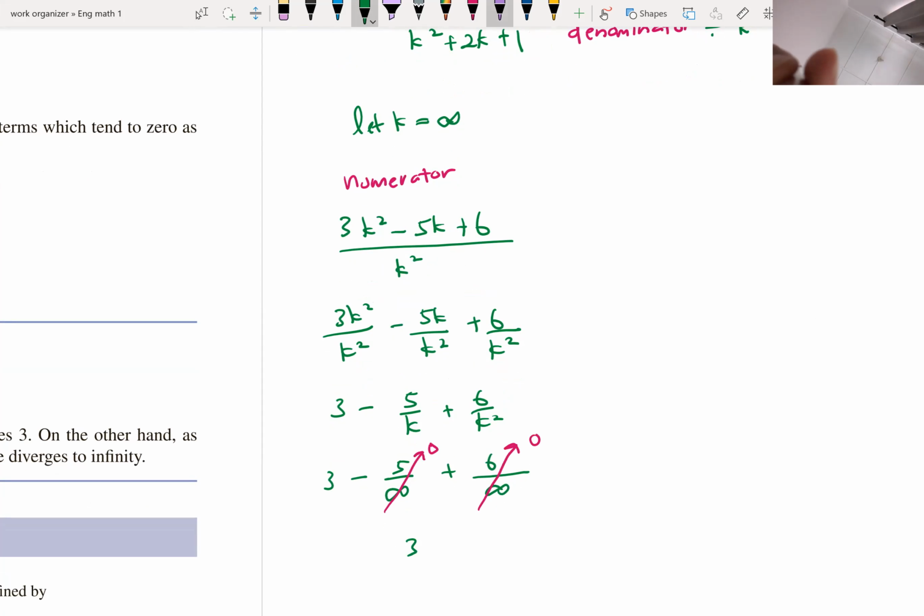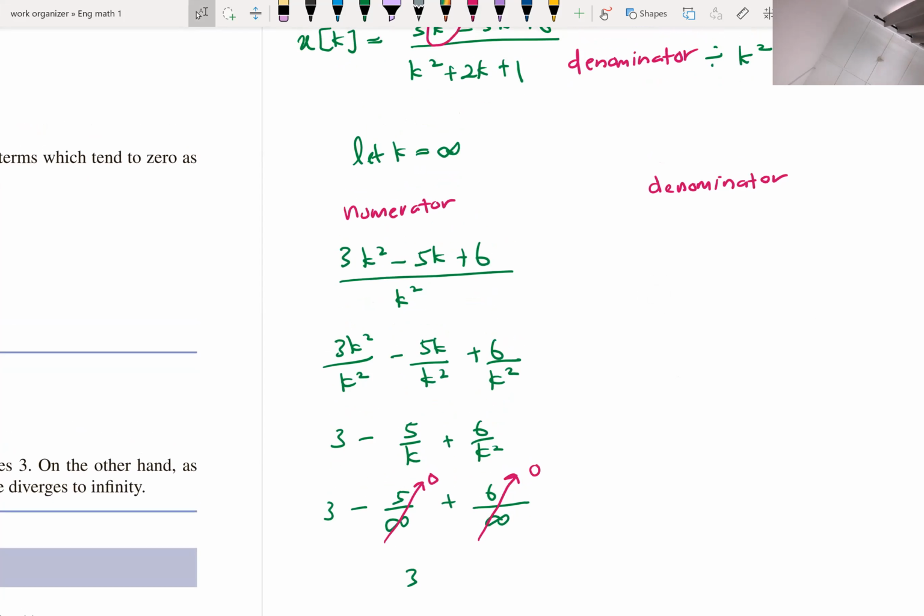Now we do the denominator: k squared plus 2k plus 1, divided by k squared.